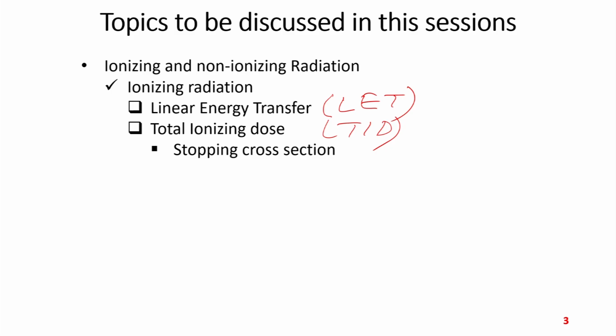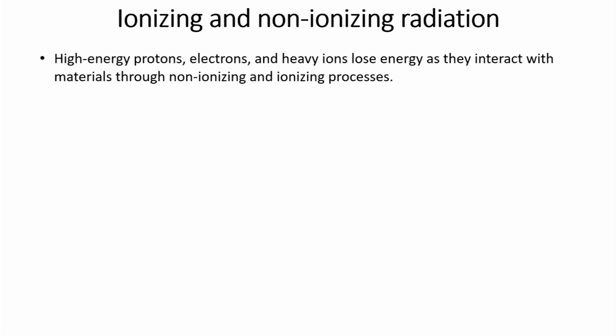And when we discuss those things, we will also discuss the stopping cross section and the stopping range. So, now let us discuss what is ionizing and non-ionizing radiation.